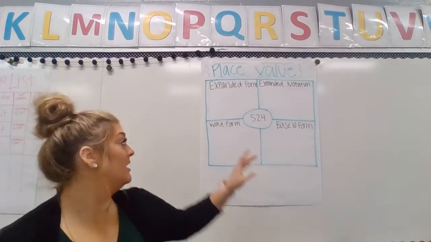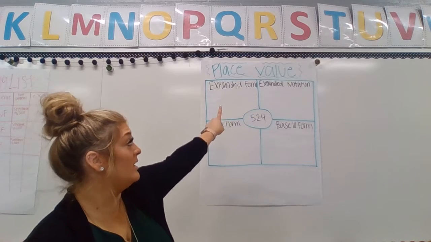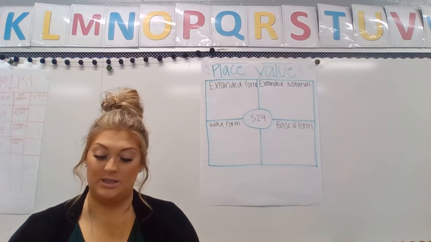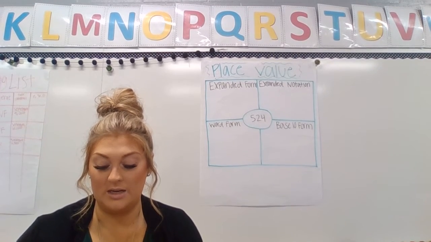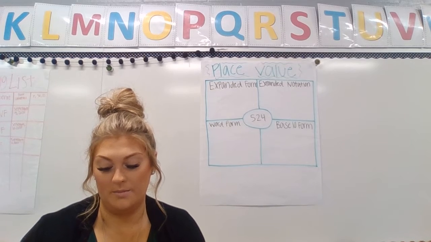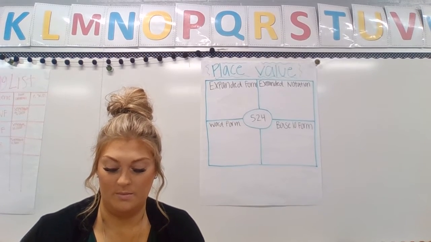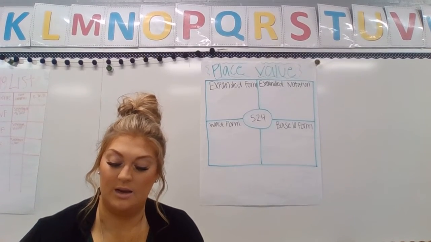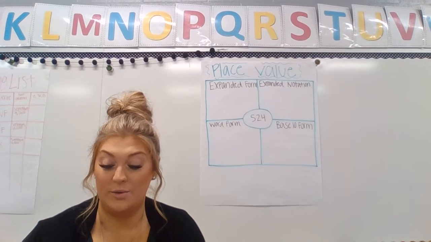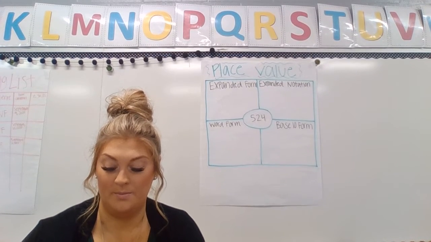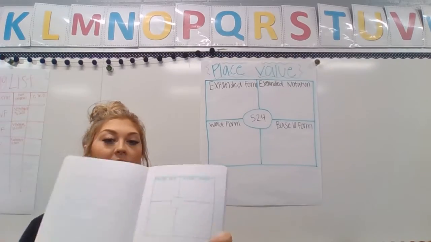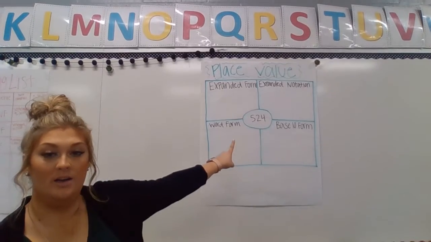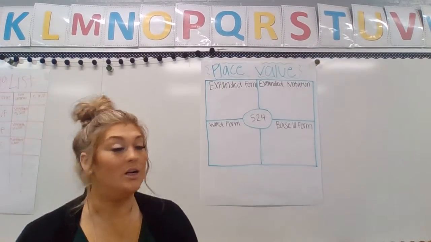Now we're going to write these words. We're going to write expanded form, and then we're going to write expanded notation right next to it. And you can look at my drawing up here if you're moving a little bit faster than we are.